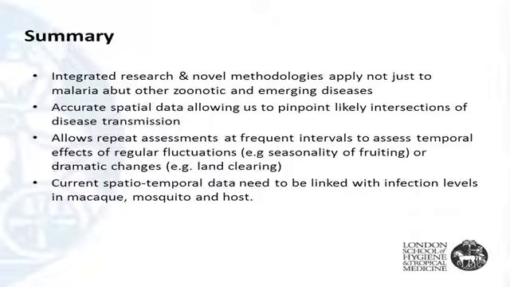So we started some drone flights, and of course it has regular effects, as I mentioned before, by the seasonality and fruiting, and then the land clearing, which is a dramatic, hopefully one-off effect. We, for our data, need to link this with infections in all the different components of the life cycle to really make it a plausible, dynamic model, and that work is ongoing now.